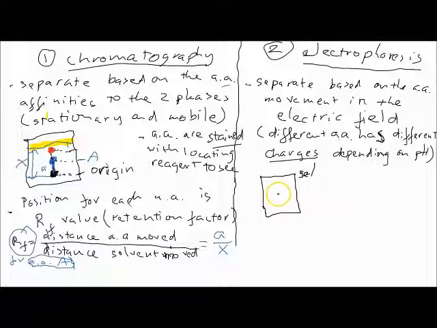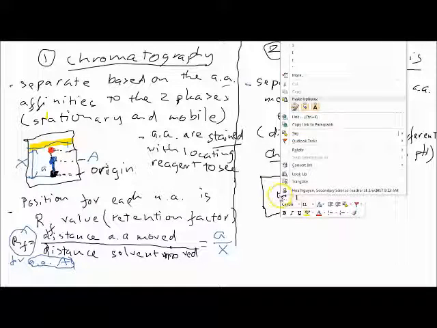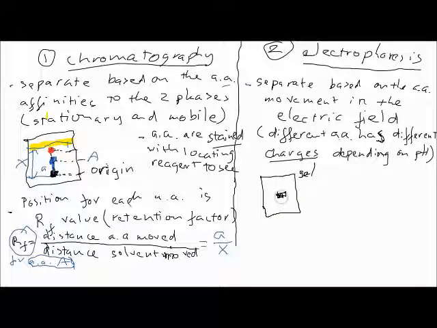Instead of having a dot, you have a well in the middle of the gel where you can put your protein or amino acid mixture. You put it in this well, and then instead of using water to move the protein or amino acids, you use a voltage, a negative and a positive charge on both ends of the gel.